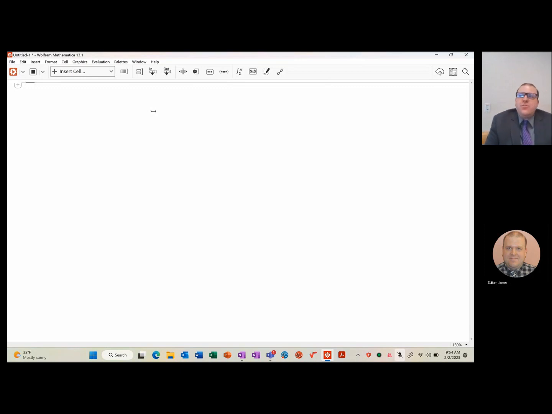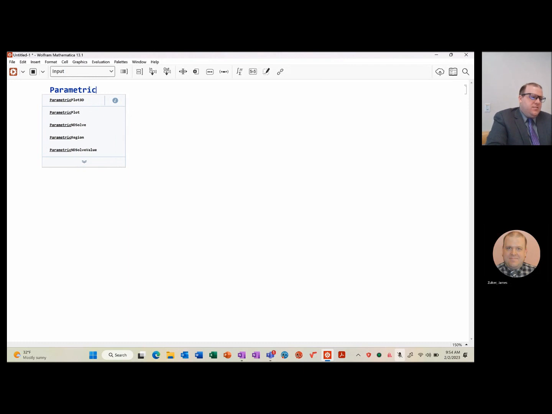And it's three-dimensional, so the command in Mathematica is ParametricPlot3D. Notice that the first P in parametric and the first P in plot are both capitalized. Look what would happen if they weren't: the text turned blue. That means it is not a recognized command.